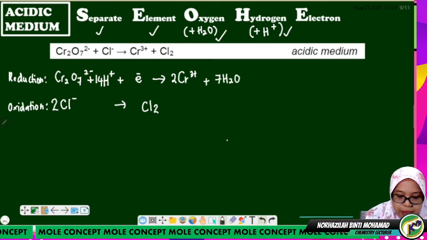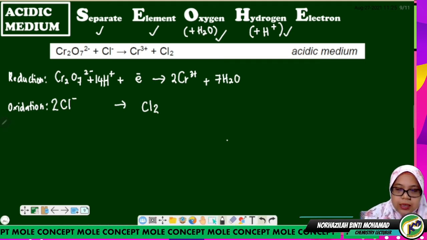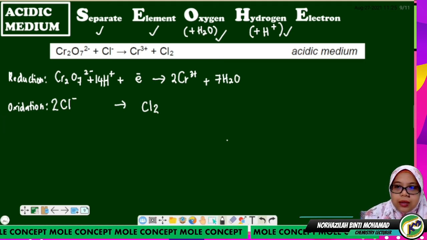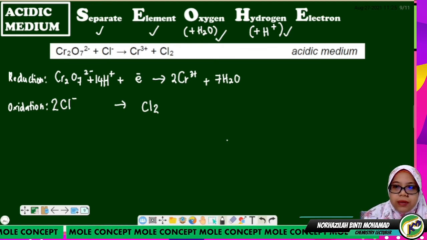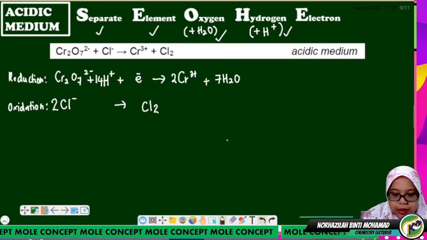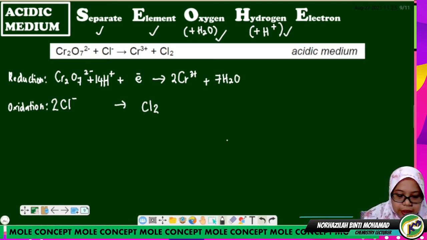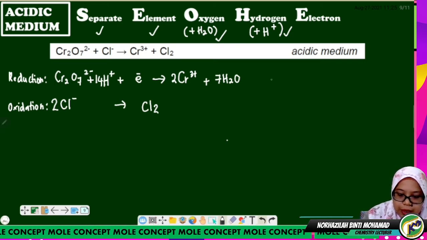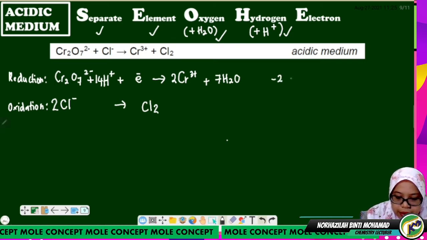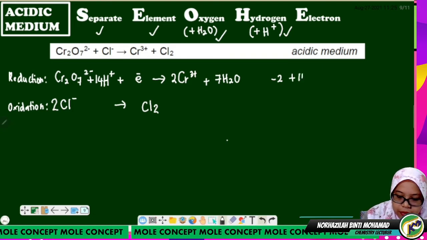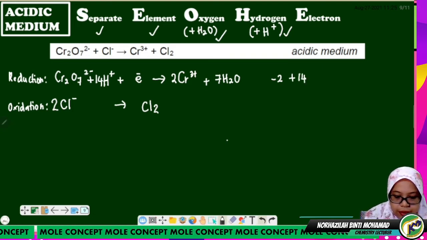To determine the number of electrons being added, we need to consider that the total charge on the left side is equal to the total charge on the right side. Kalau kita kira, Cr2O7 2 minus means negative 2, plus 14 H plus, so 14, plus electron.